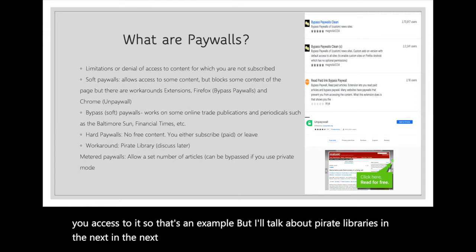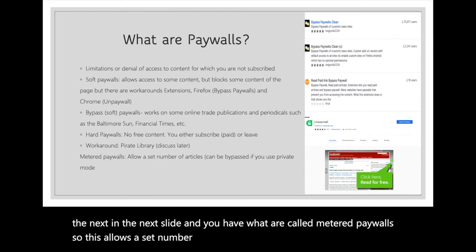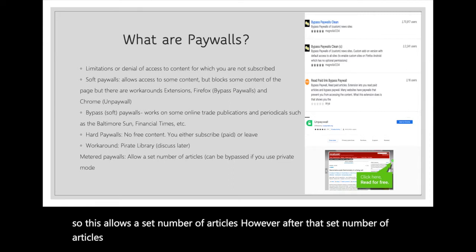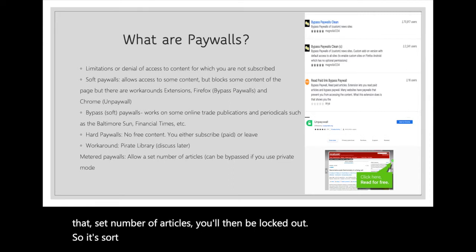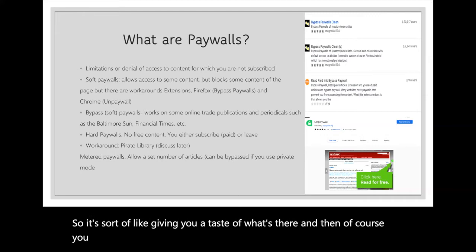And then you have what are called metered paywalls. So this allows a set number of articles. However, after that set number of articles, you'll then be locked out. So it's sort of like giving you a taste of what's there. And then, of course, you have to pay.